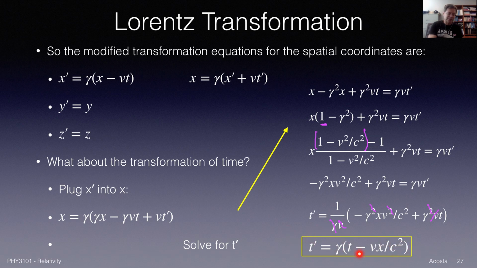So a little bit of algebra there. So this boxed equation here is the final expression for t prime in terms of time t, which is not so obvious, right? It's pretty messy. It's mixing in the space and time components.